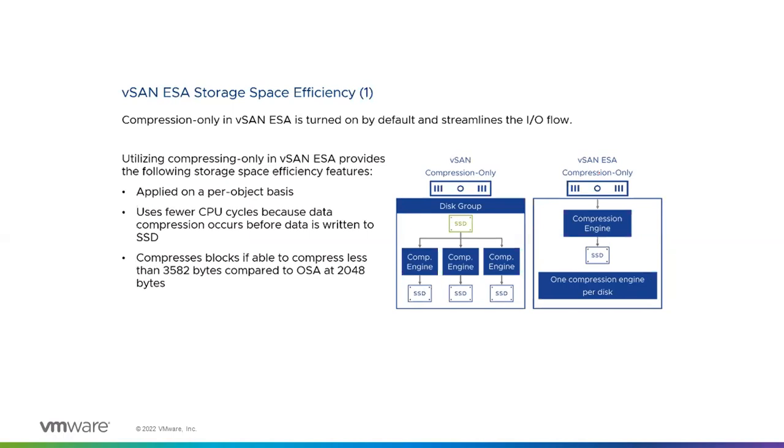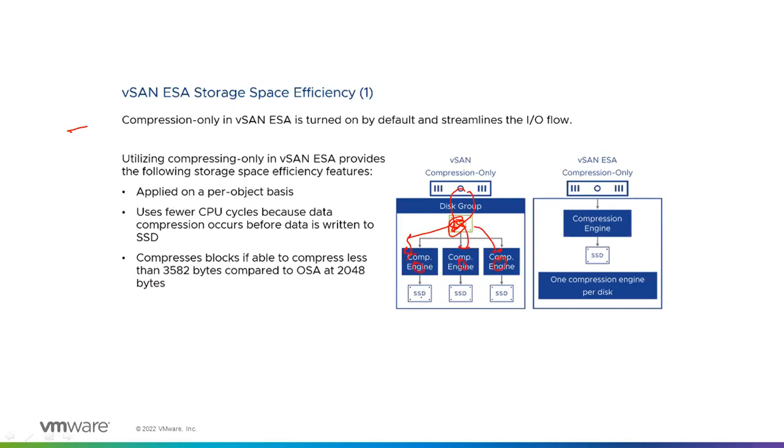Okay. Now let's talk about efficiency. Again, as we said earlier, the compression architecture was like this: first my data lands on the cache drive, and when it is going to be written, the compression engine works here.